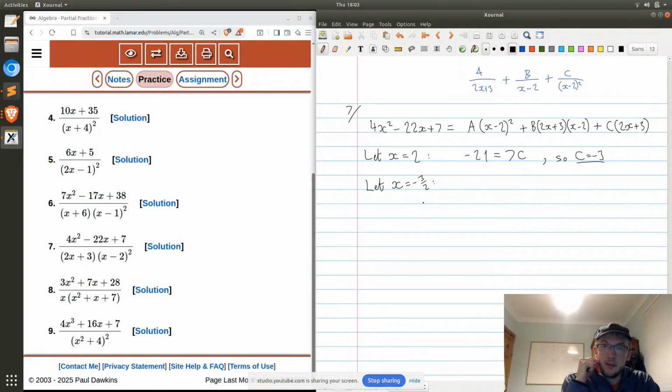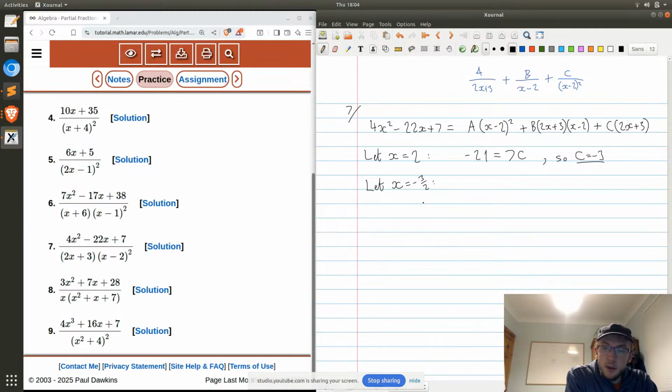And then you have negative 3 over 2 take away 2, which is negative 3.5, which is negative 7 over 2, isn't it? Yes, that's negative 7 over 2.